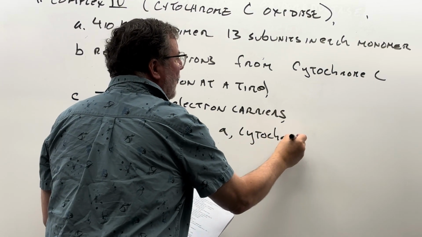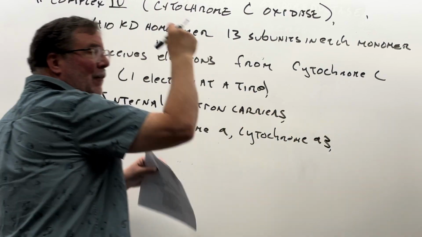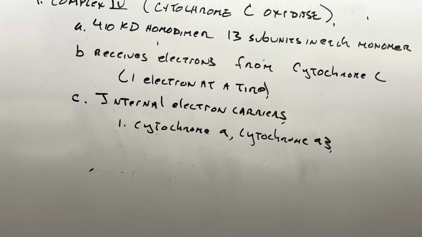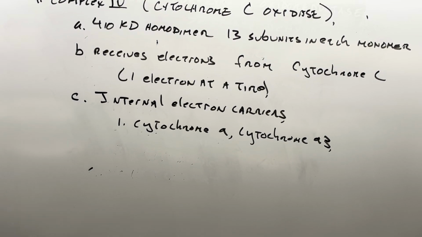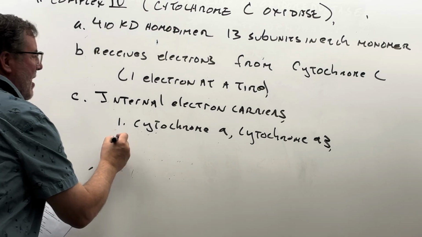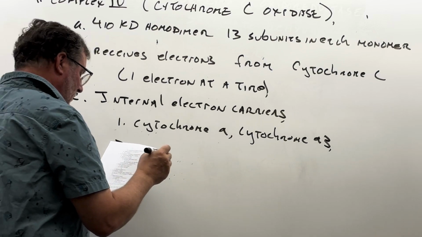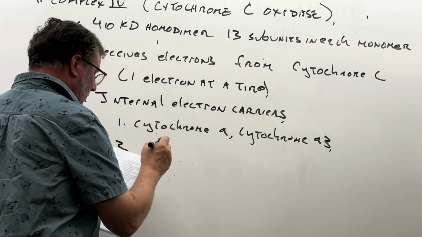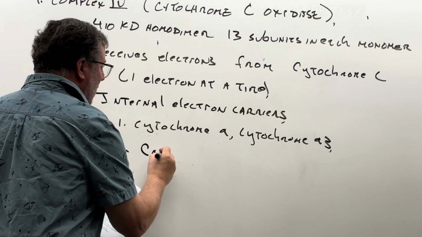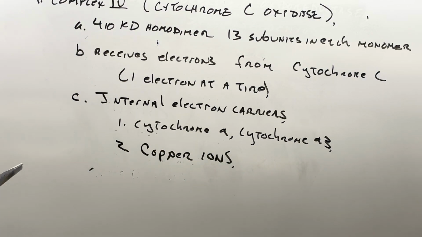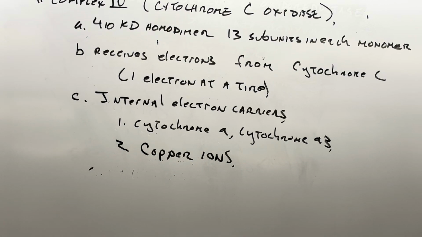And again, these will have slightly different substituents around that porphyrin ring. Then, right at the reaction center, where the actual reduction of the oxygen to make water takes place, there are copper ions. They're known as CuA and CuB. We won't get into that detail.